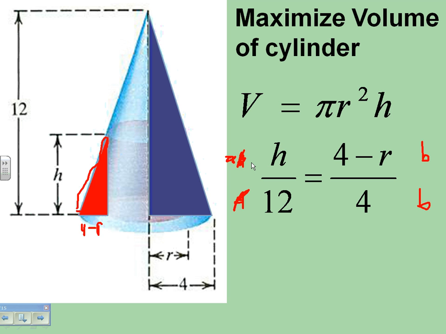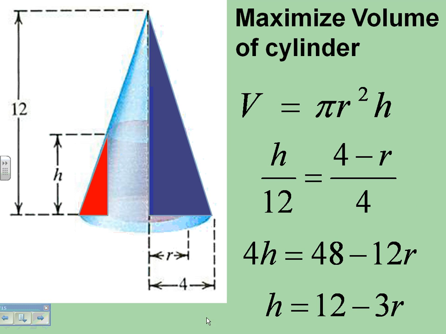So, cross multiplying gives you your substitution. 4h equals 48 minus 12r. So obviously h equals 12 minus 3r. I'm going to use that. And what piece of information was given in the problem? Do you remember?